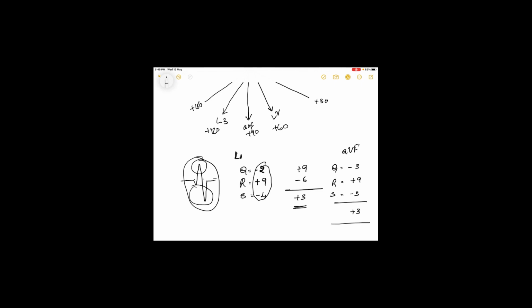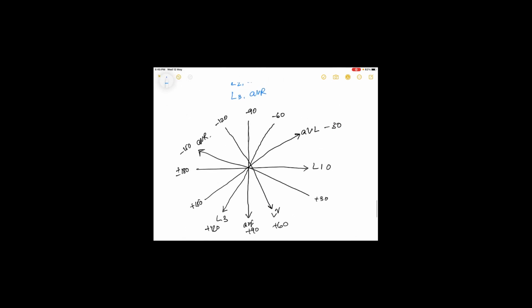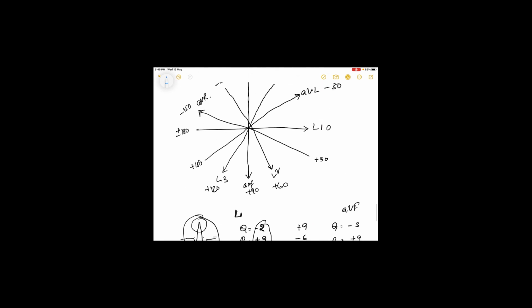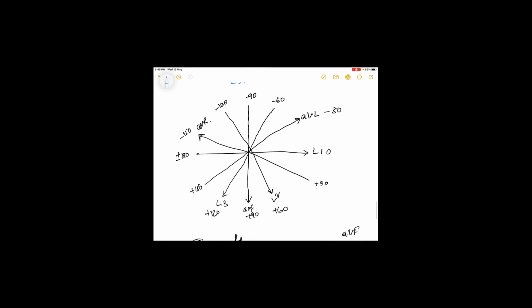So now we have to plot these values on the axis system. Consider this as a graph. This whole thing is lead 1.